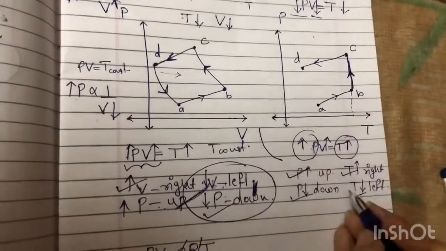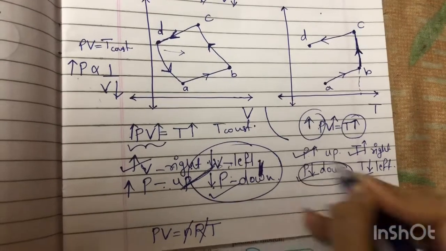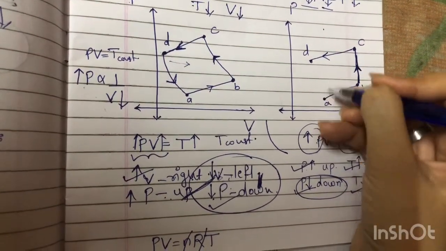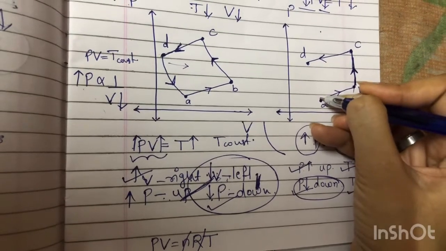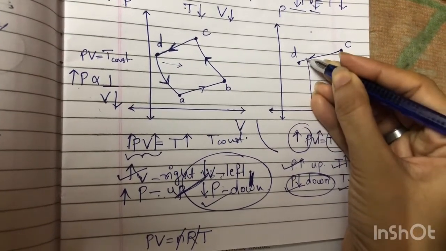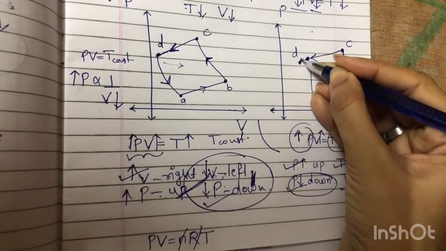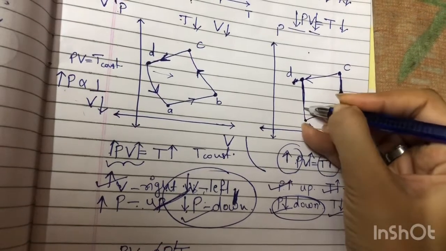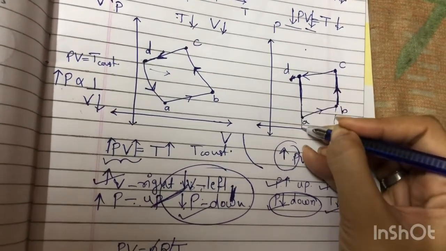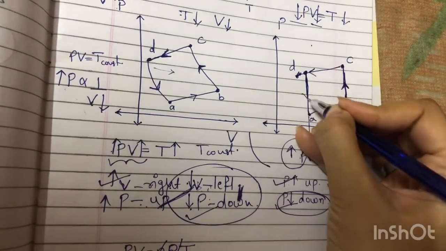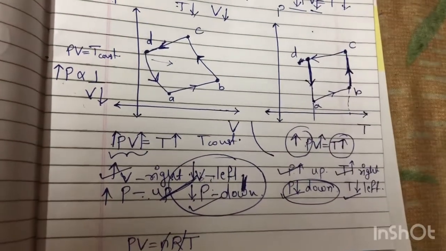Pressure will decrease, temperature will remain constant, means the graph will come down. So it will have to be somewhere over here because the temperature is remaining the same. Temperature should remain the same throughout. So it is D to A. This will be the graph.